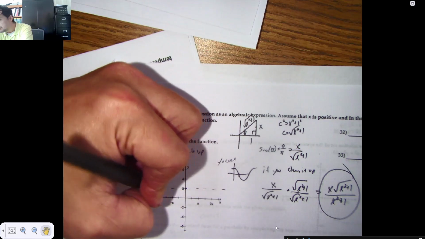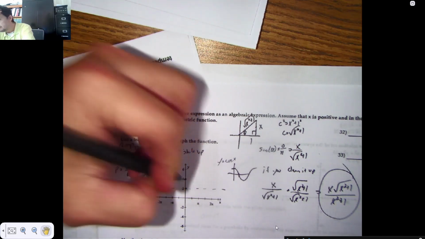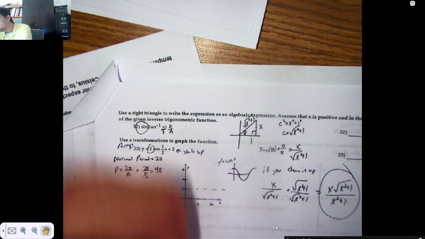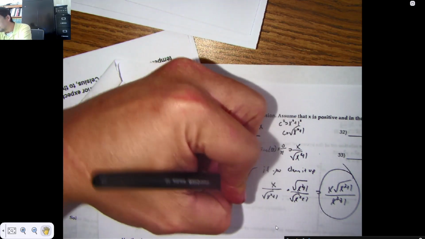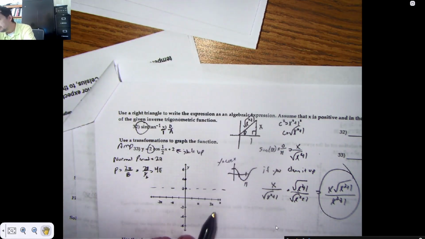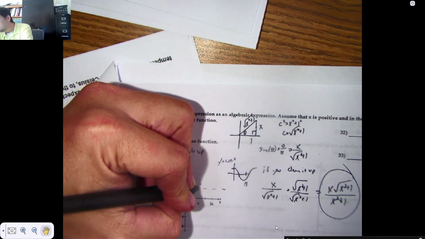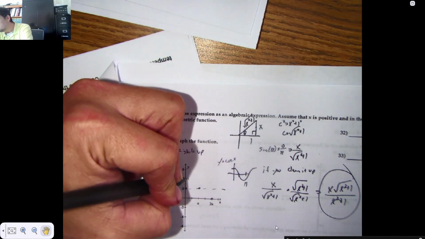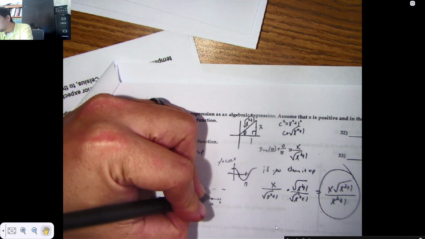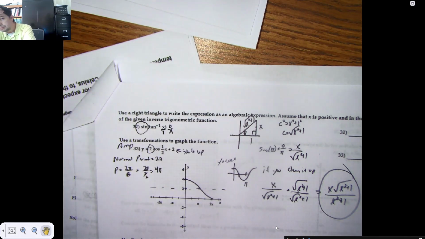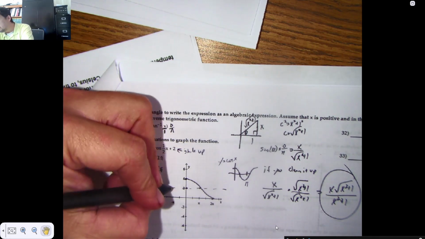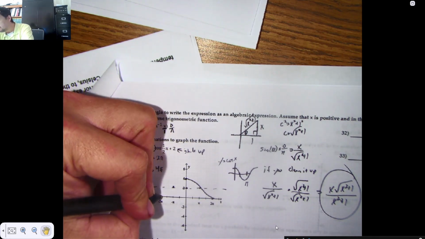We have shifted up 2. Because we're cosine, we have to start high and then we have to fall. This would normally be on a graph at pi. It's going to happen at 2 pi, if I'm thinking right. Yeah, it would be that side.